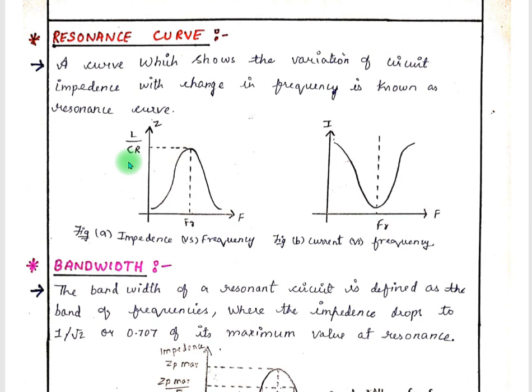In this way, a parallel resonant circuit selects the resonant frequency and rejects all the other frequencies. It is evident from the curve in figure B that the circuit current is minimum at resonant frequency. As the frequency is changed, above or below the resonance, the value of the circuit current increases rapidly.